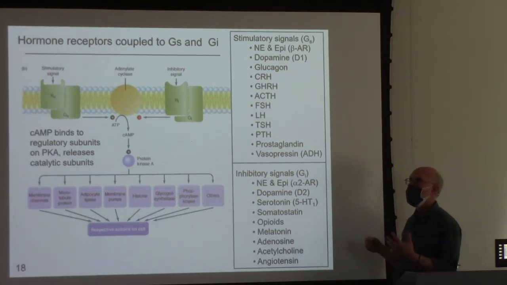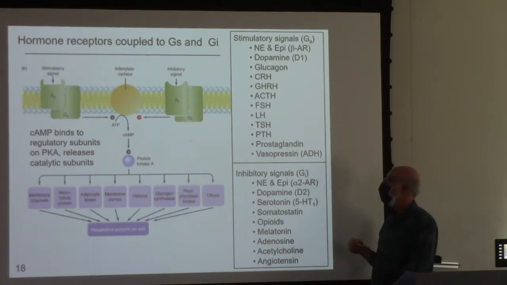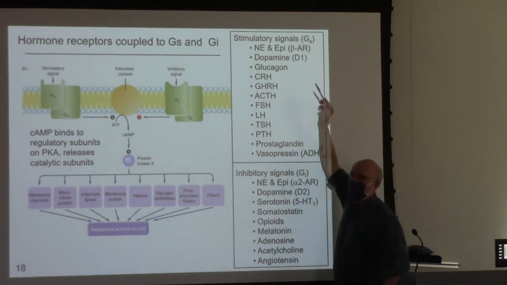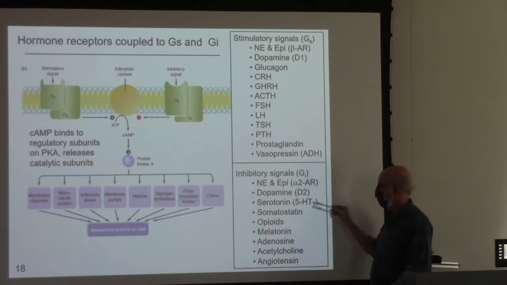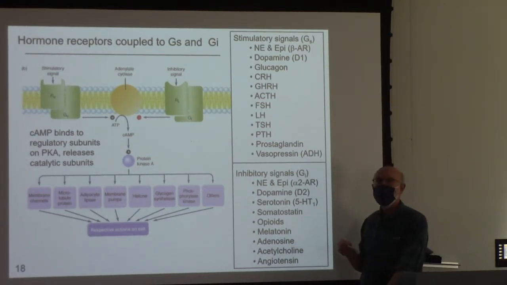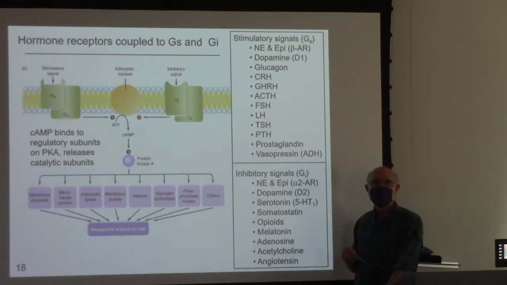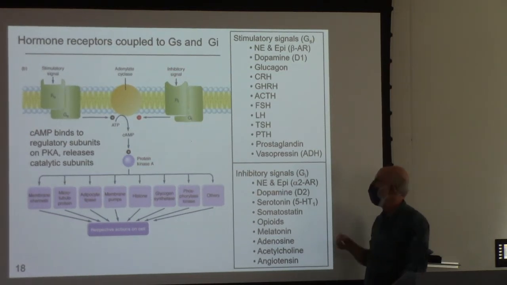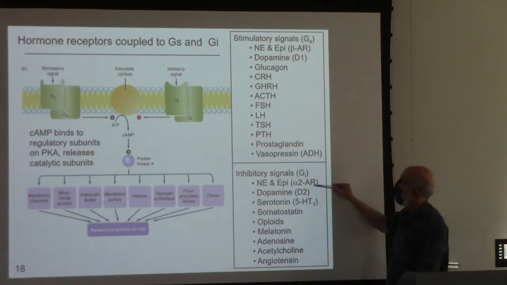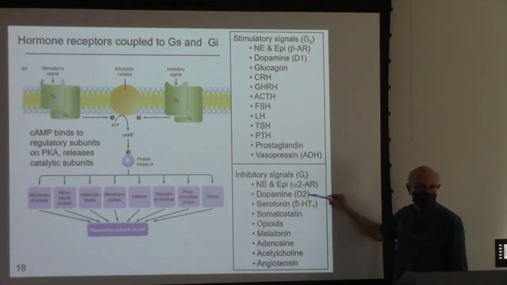So if I were to say, tell me the story of dopamine, what does dopamine do? I would have to say, tell me both details about GS and GI. I do not expect you to memorize that dopamine couples to both GS-coupled receptors and GI-coupled receptors.